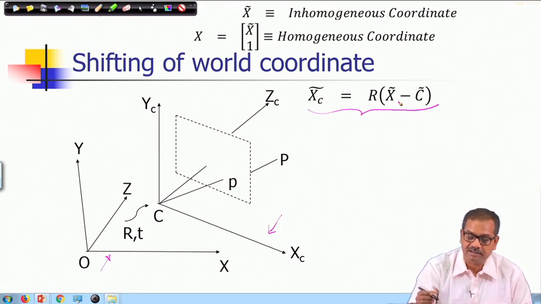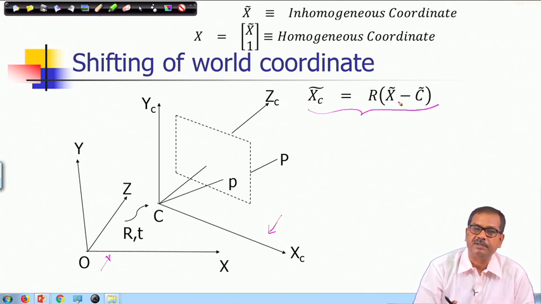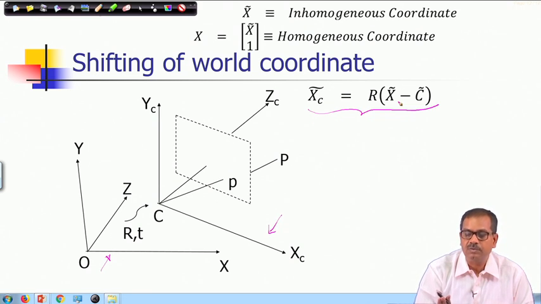Incidentally, you note that there are two types of coordinate representation in our discussion. One is the representation in the non-homogeneous coordinate space, that is the normal three dimensional coordinates we use in analytical geometry, and the other is the representation of the same point in a three dimensional projective space, which we call the homogeneous coordinate system.